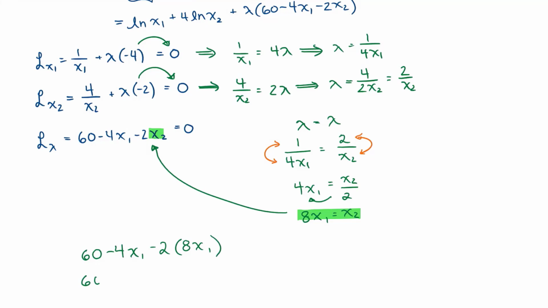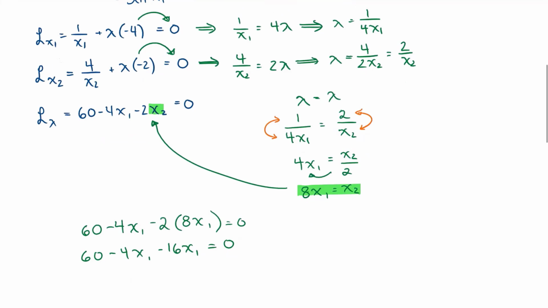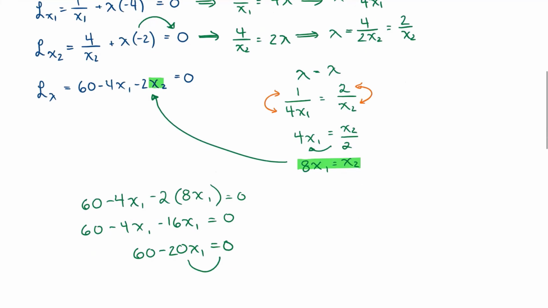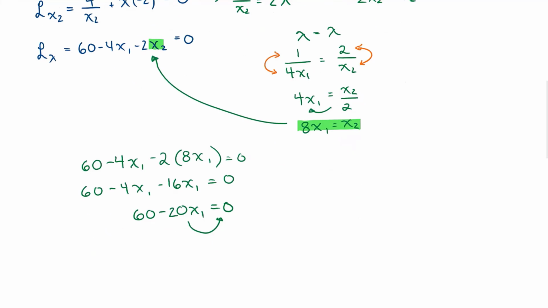So I have 60 minus 4x1 minus 16x1 is equal to 0. 60 minus 20x1 is equal to 0. Moving my 20x1 to the other side, I get 60 is equal to 20x1. Dividing both sides by 20, I get x1 is equal to 3.